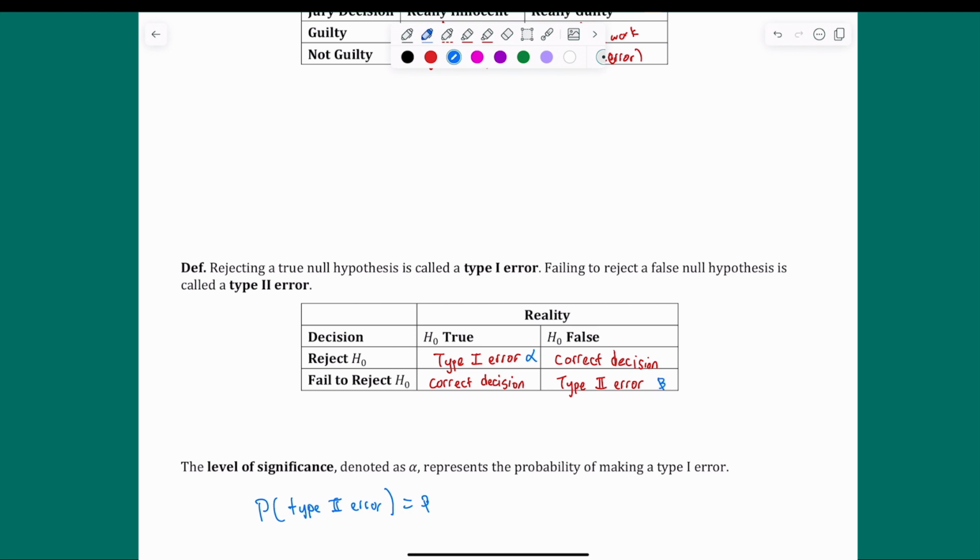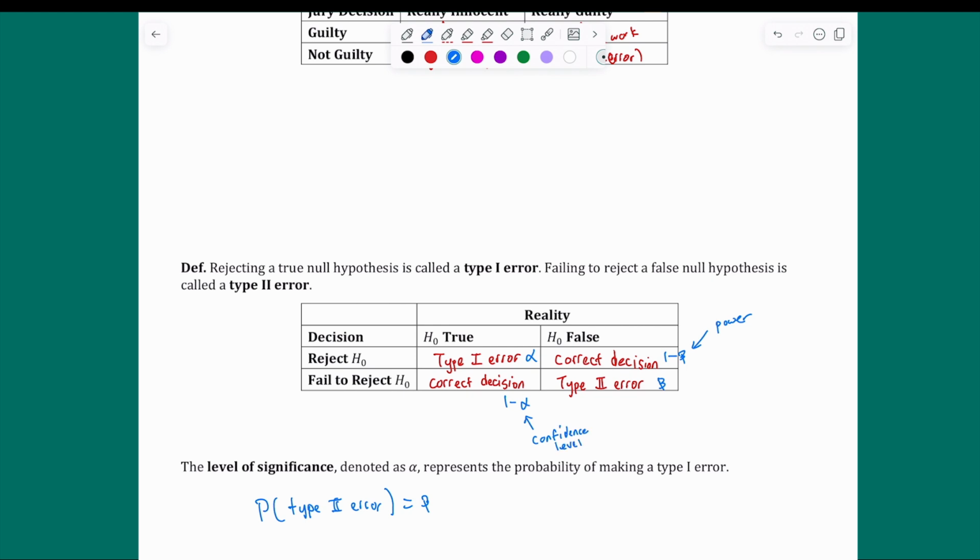The probability of making a correct decision here is 1 minus beta, and the probability of making a correct decision in this cell is 1 minus alpha. 1 minus beta is usually referred to as the power of a test, and 1 minus alpha, we've seen that before, that's the confidence level.